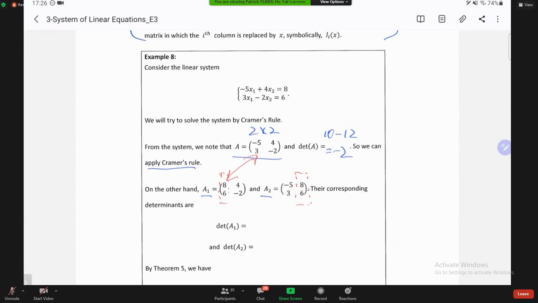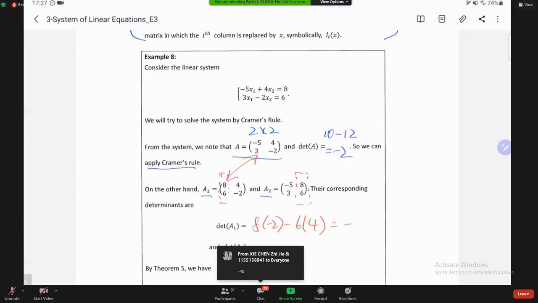So for the first matrix, A1, can you tell me the answer? Eight times -2 minus 6 times 4, right? Which is -40.